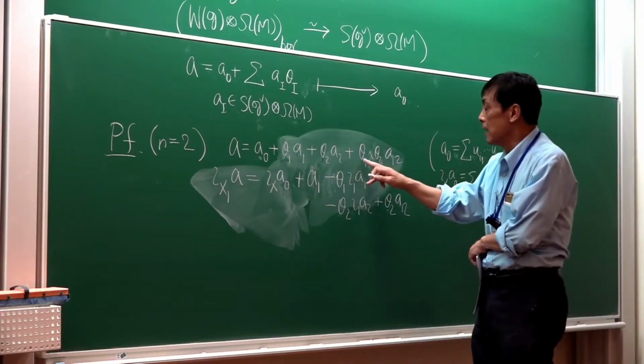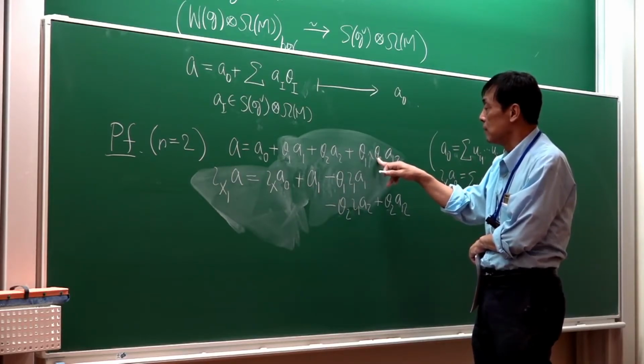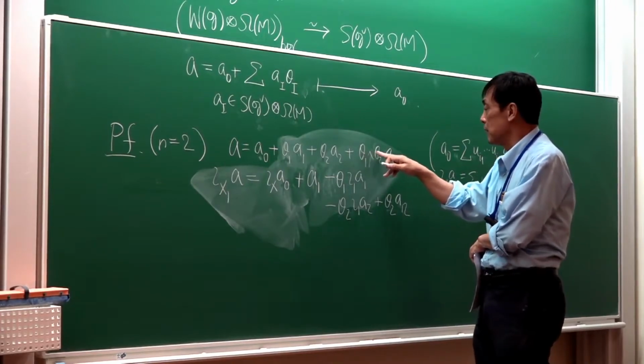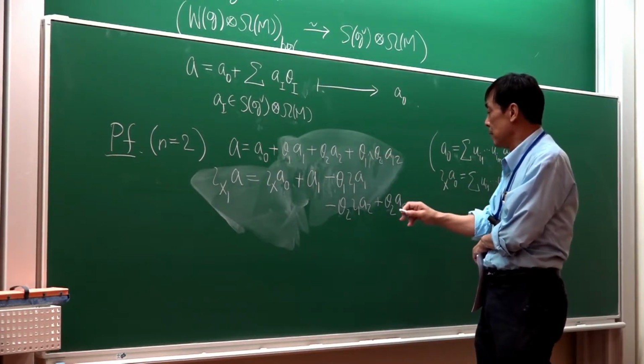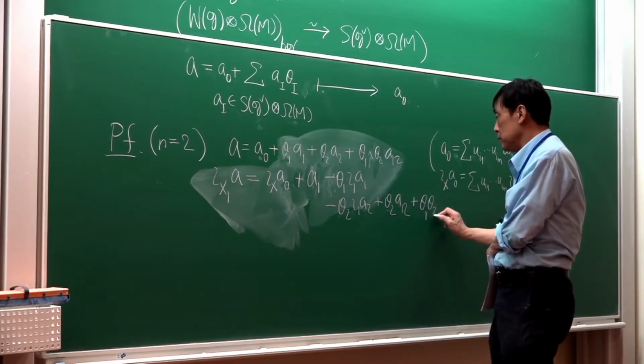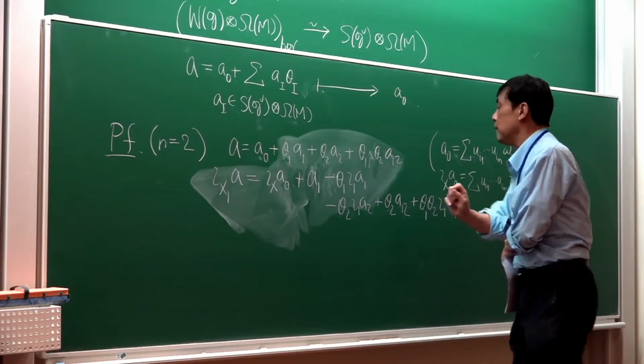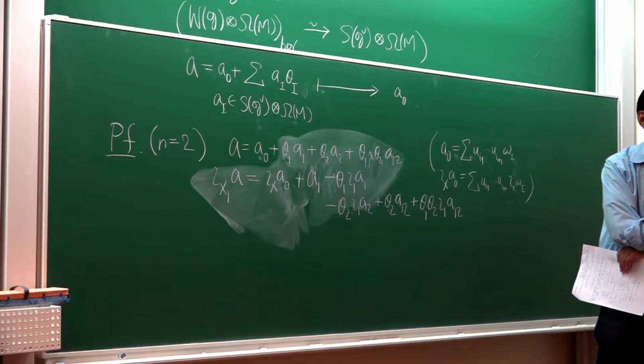And then I move across this, I apply to here, I get 0. And then I move across both of them, so I get plus theta 1, theta 2, and then I1 A12. Okay, so that's what I get, right?